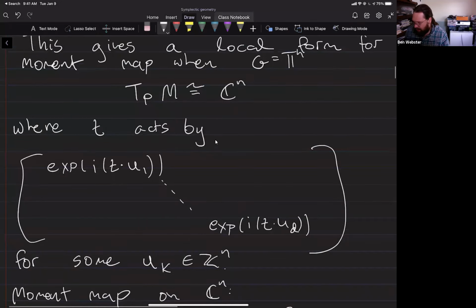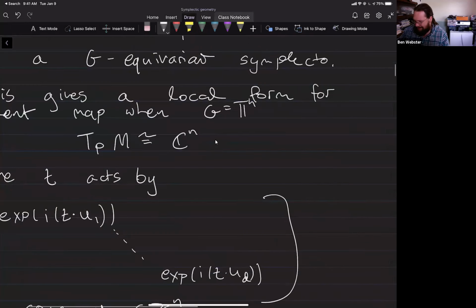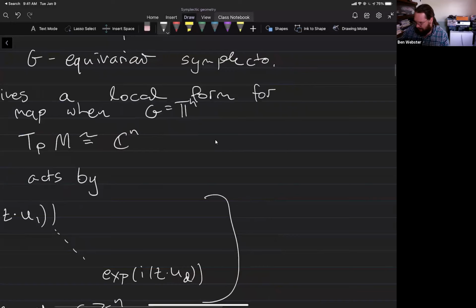And what does this action look like? Something you always have to be careful about in this picture: I'm always going to be thinking of T^n as R^n mod 2πZ^n, so I'm not exponentiating.